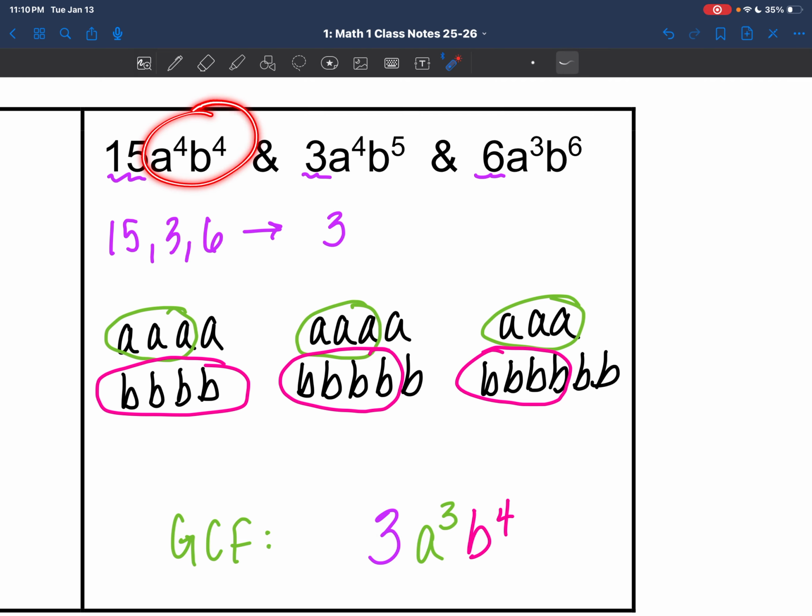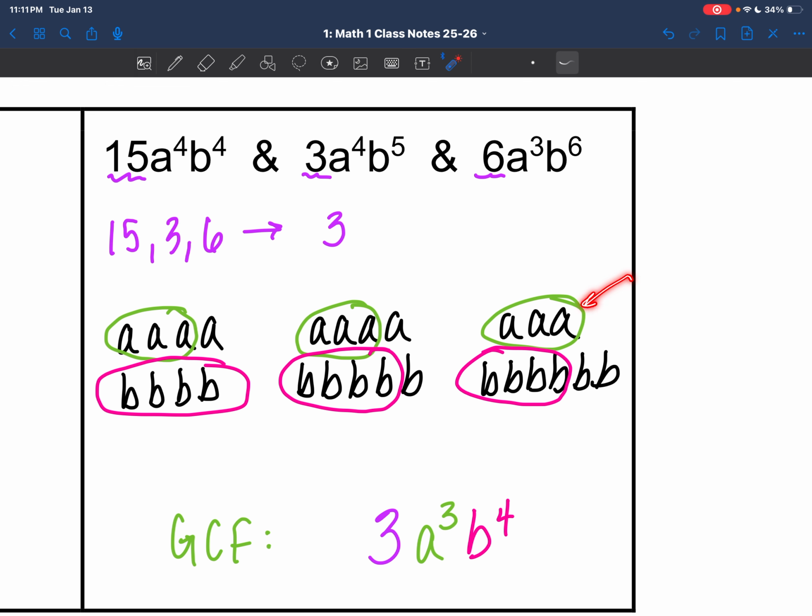Now, for your variables, this is where it gets tricky. For a to the 4th power, I have 4 a's, because remember, you're multiplying all those. For b to the 4th power, I've got 4 b's. And then we have a to the 4th power, b to the 5th power, a to the 3rd power, and b to the 6th power. Here we have to take the least amount of variables.